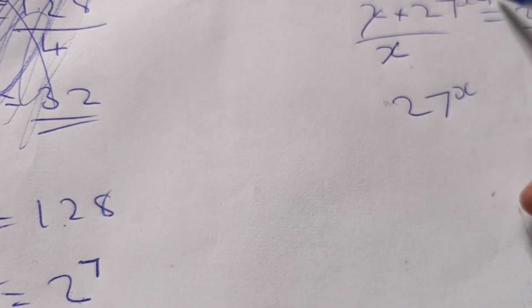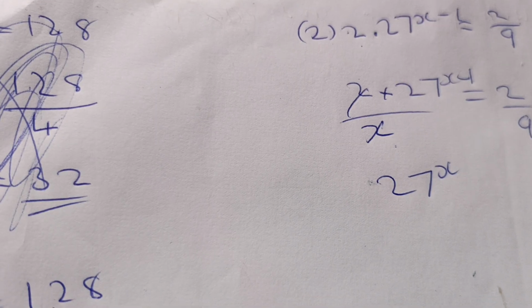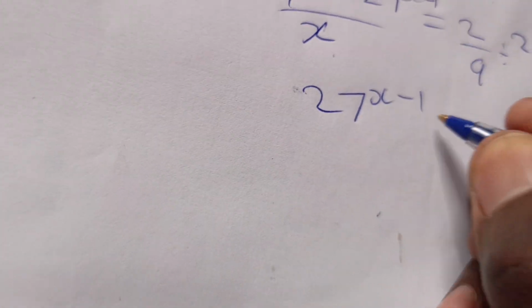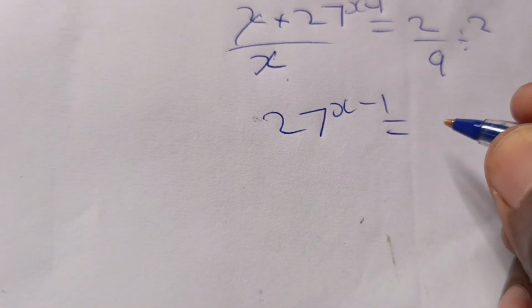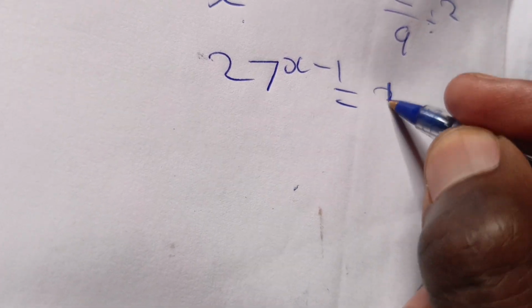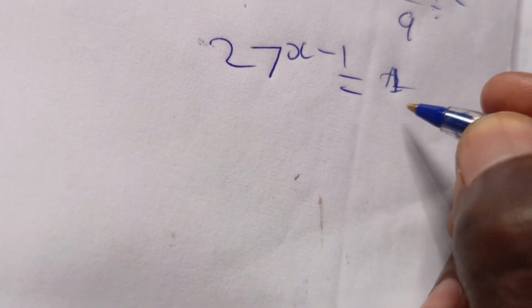Sorry, the powers are supposed to be there, even here. So minus 1 is equal to 2 divided by 2, that's 1. So here it will be 1 over 9.